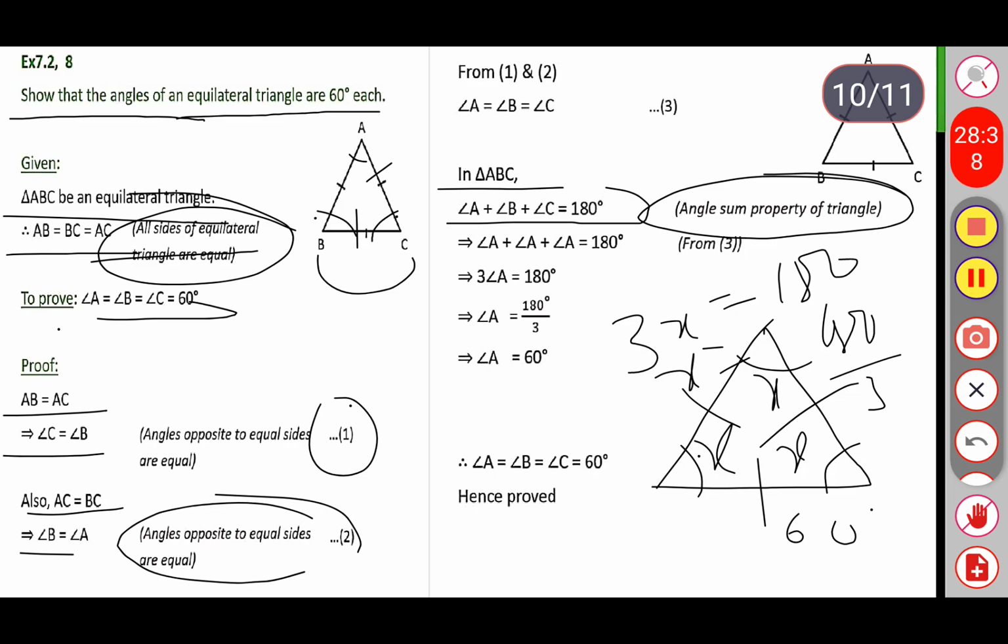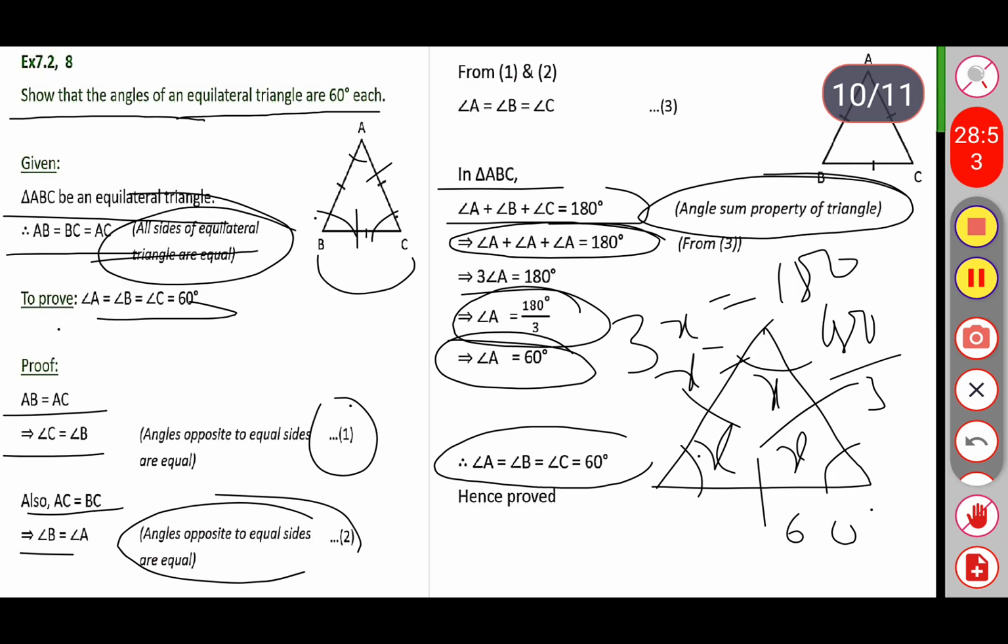So 3 times angle A is equal to 180 degrees, then angle A is equal to 180 by 3. Angle A is equal to 60 degrees. If angle A is equal to 60 degrees, then the remaining two angles are also 60 degrees. That's why in each and every equilateral triangle, the angles measure equally, that is 60 degrees. So this is the proof of the 8th question.